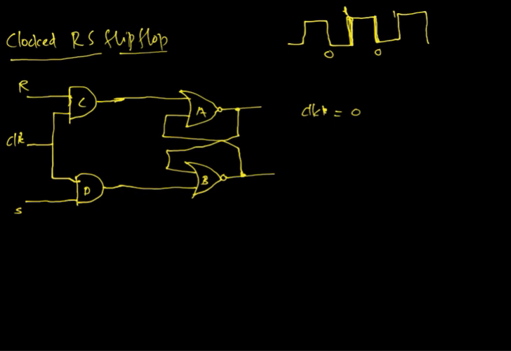That means when clock is equal to 0, the actual inputs to the NOR gates A and B are 0, so it simply acts as a latch circuit giving an output which is the same as the previous value.